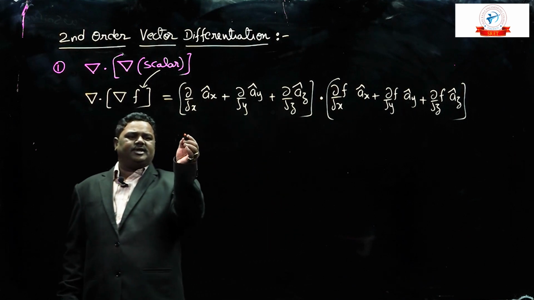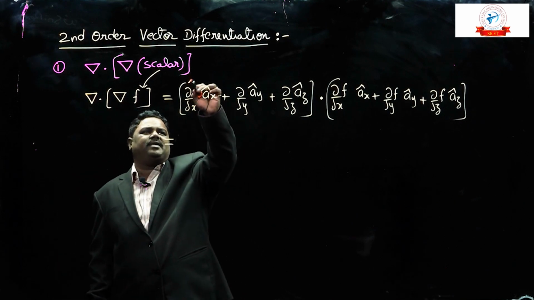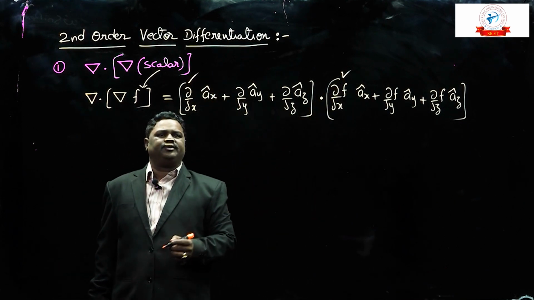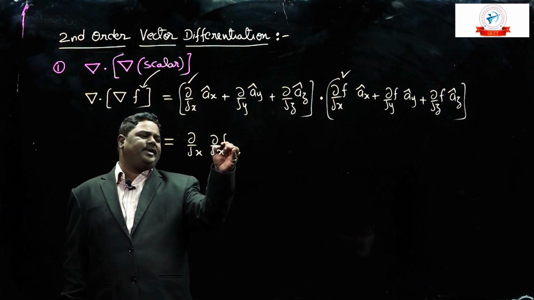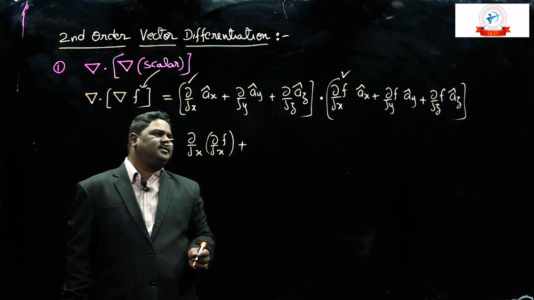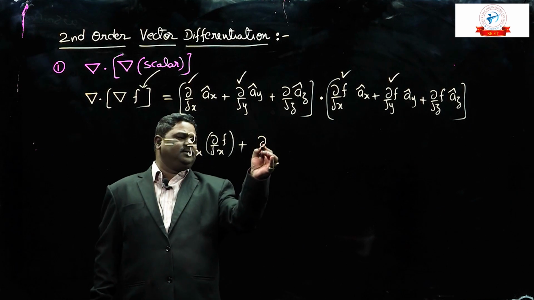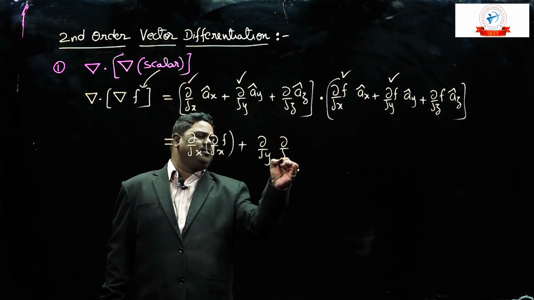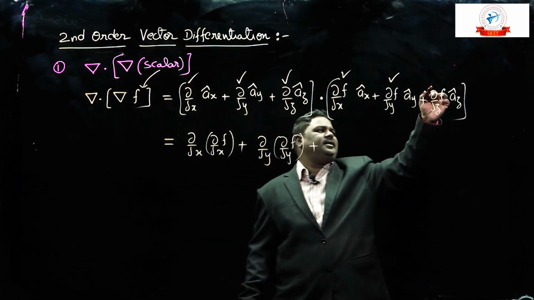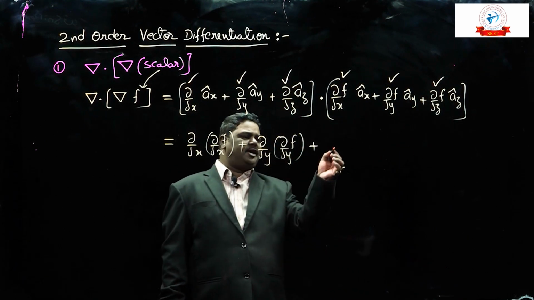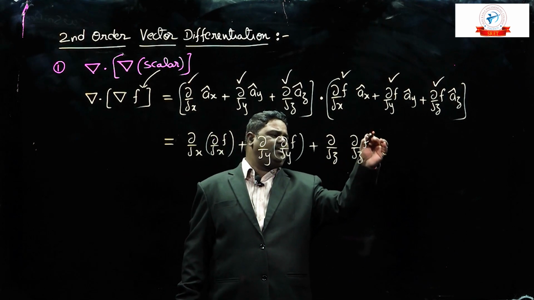You know how we evaluate dot product: multiply similar components. Just multiply x components, so we get dou by dou x of dou by dou x of f, plus multiply y components, that is dou by dou y of dou by dou y of f, plus multiply the z components of both vectors, dou by dou z of dou by dou z of f.